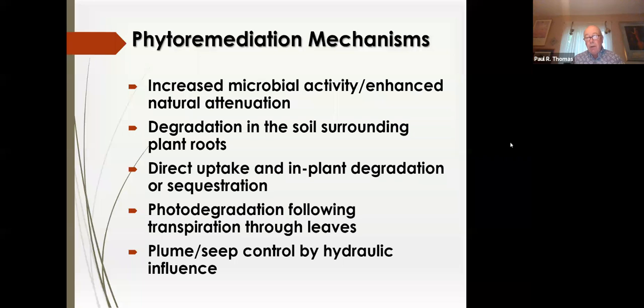And from that aspect, most of the treatment happens in the soil before the contaminants ever get to the plant, because most of what we're trying to accomplish is accomplished by either soil microbes or by degradation in the soil before the contamination gets to the plant. There are instances, however, with particular contaminants and under particular conditions where the plant does take an active role in either taking up and sequestering contaminants or transpiring them into the atmosphere.